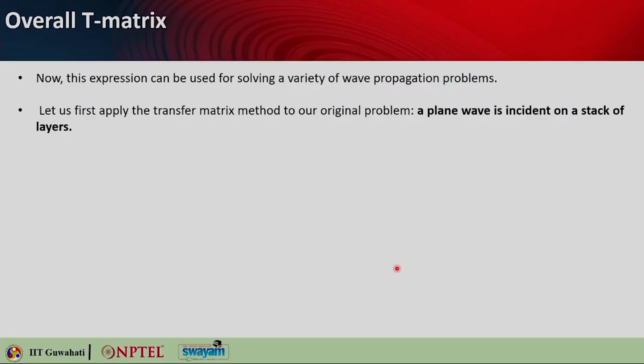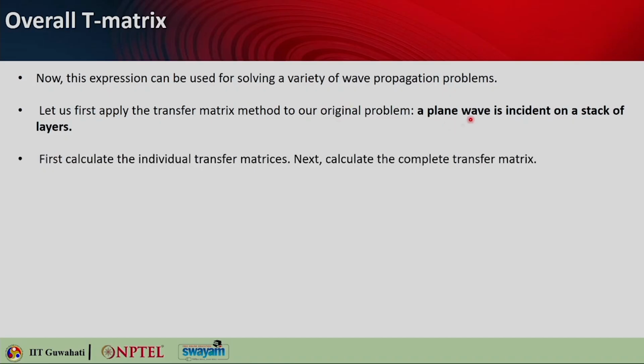Okay. So now let's look into how to obtain the overall transfer matrix. As I mentioned, this expression can be used for solving a variety of wave propagation problems. So first, you will start with the transfer matrix for that interface where the plane wave was propagating, and then it will encounter the first layer.